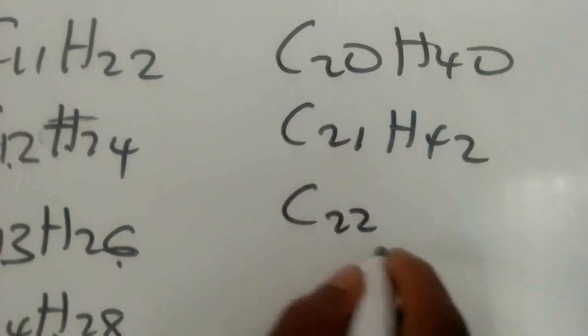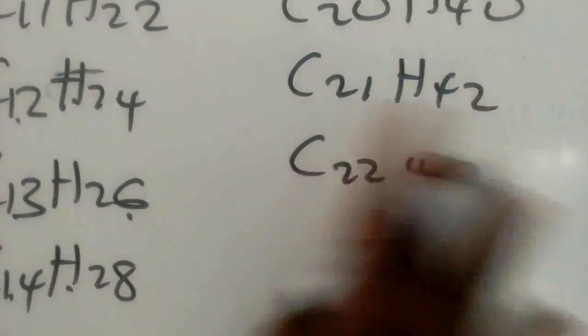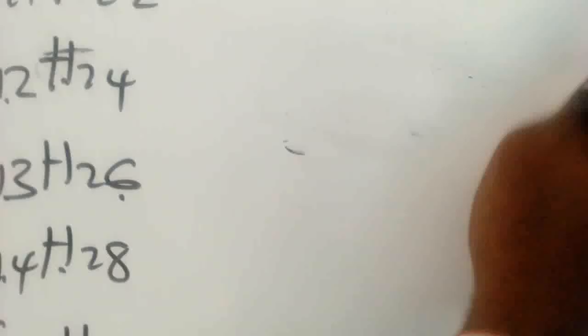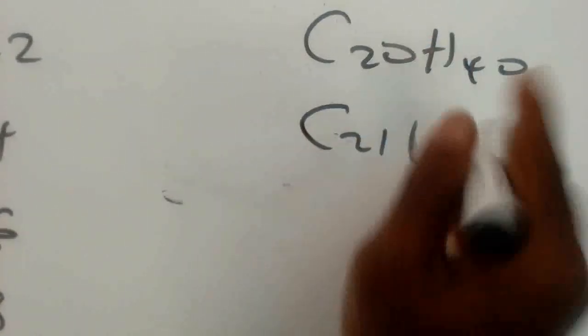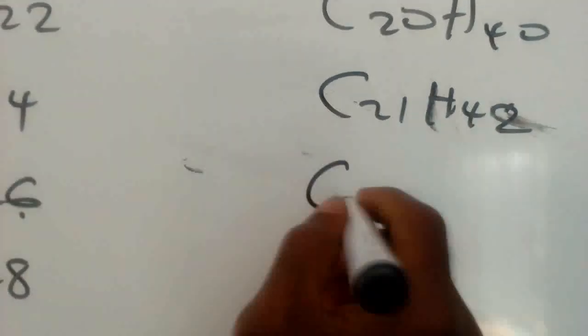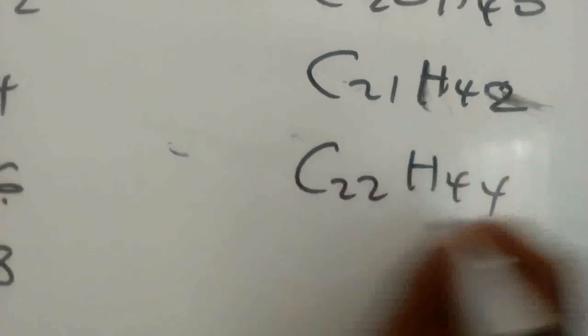So C20H40, C21H42, C22H44, and so on. Let me just give a space. C20H40, C21H42, adding 1 carbon and 2 hydrogen subsequently, C22H44, C23H46. Okay, let's go to the nomenclature, the naming.